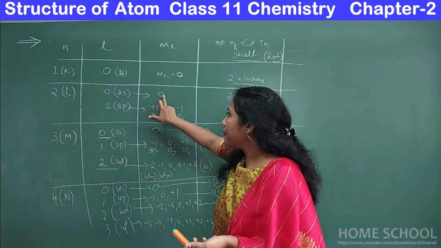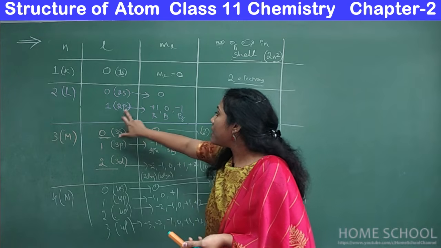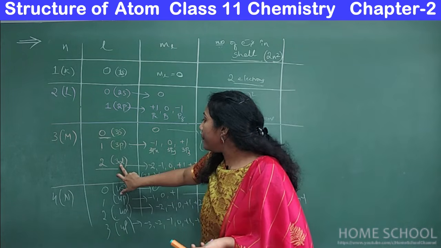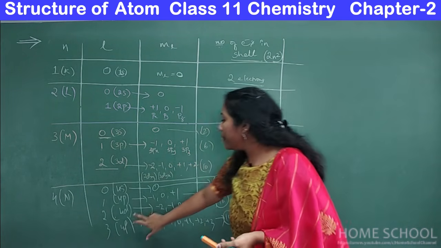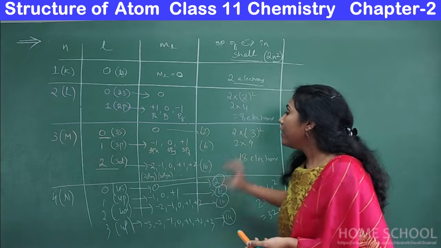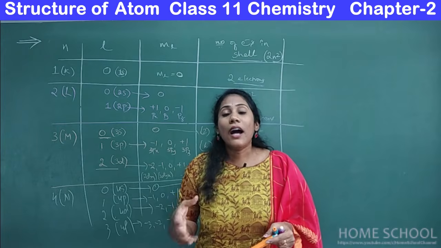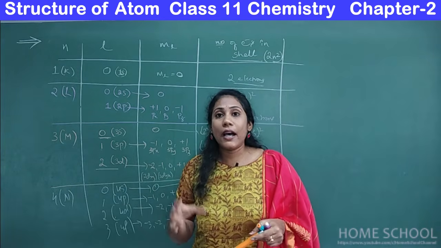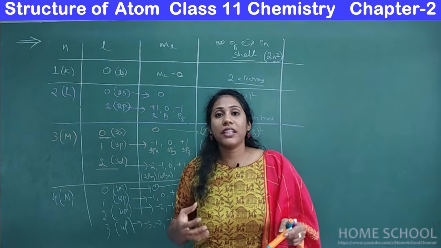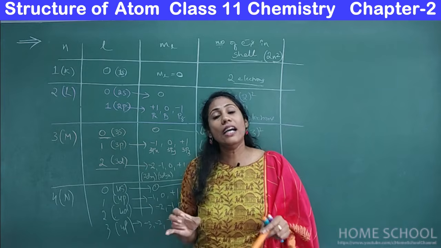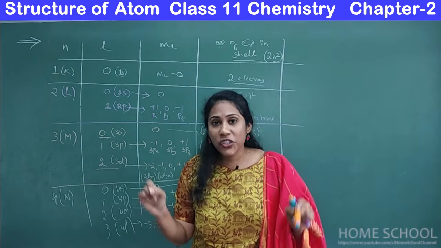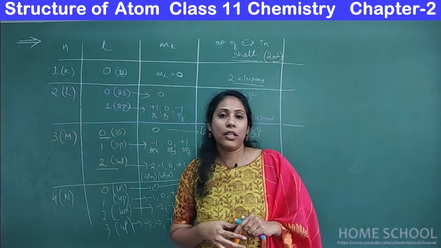Only 1 s orbital is possible and 3 p orbitals are possible. How many possible d orbitals? 5. How many possible f orbitals? 7. So what are their shapes? And how electrons get filled up, and writing electronic configuration, everything we will learn in the next video, do watch it. That is also a very important topic.